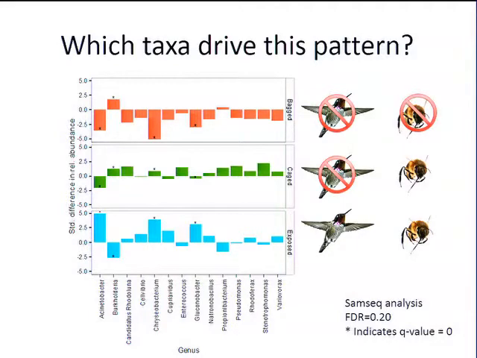I'd like to point out a couple of different groups here. Here again is the Burkholderia, which was more abundant in the bagged and caged flowers than it was in the exposed flowers. However, you'll see that most of the other taxa that were differentially abundant were more abundant in the treatments where we allowed at least one or maybe multiple dispersal modes.